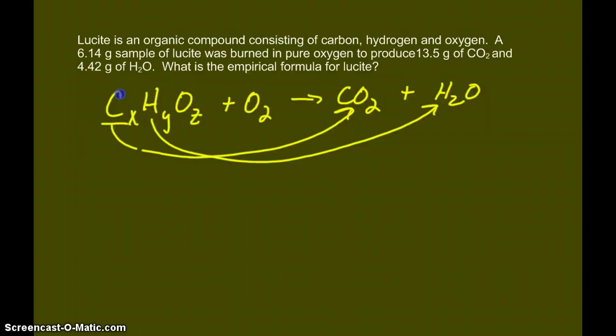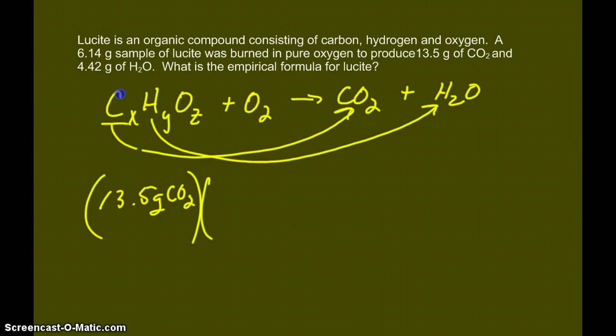We're going to start with a percent composition problem, do a little bit of subtraction, and then do our regular old empirical formula calculations that we're pretty much used to. So here we go. I start with my 13.5 grams carbon dioxide, and I want to find out how much of that is carbon.